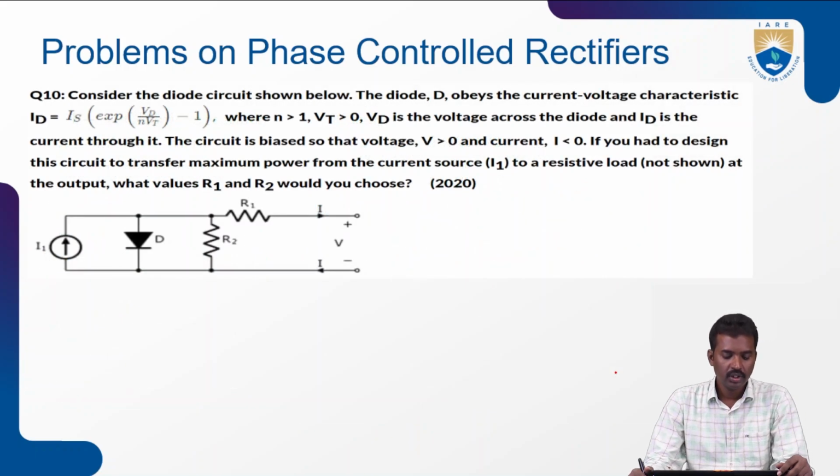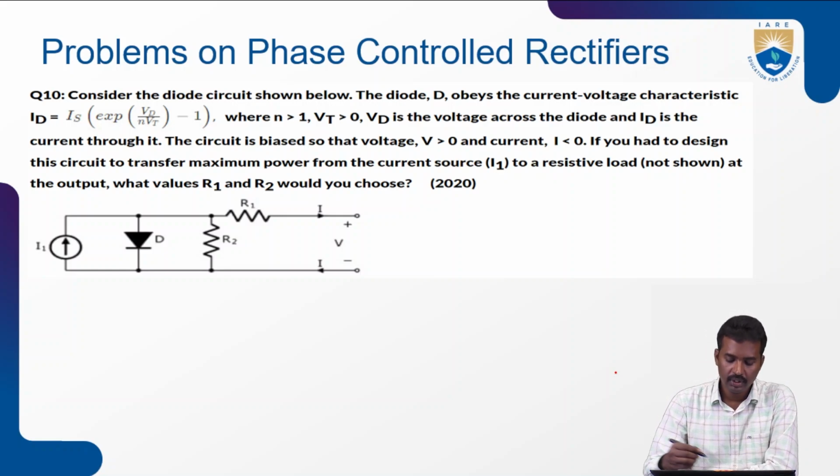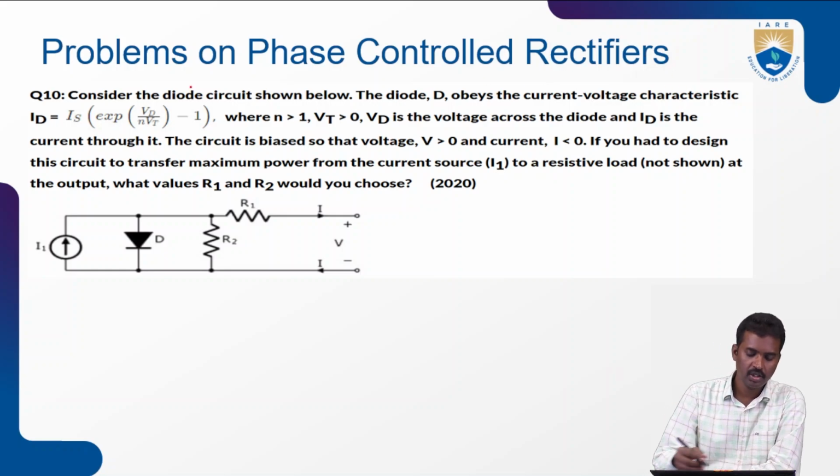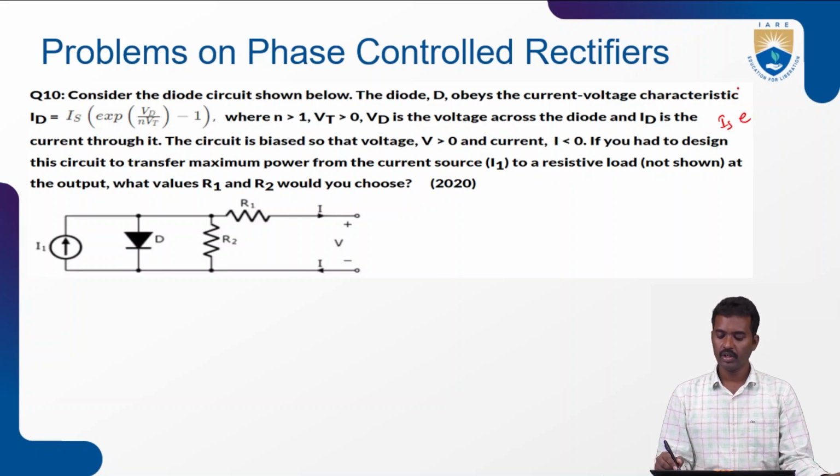10th question. Consider the diode circuit as shown below. The diode D obeys the voltage current characteristic, that equals I s exponential e power Vd by n into Vt minus 1.